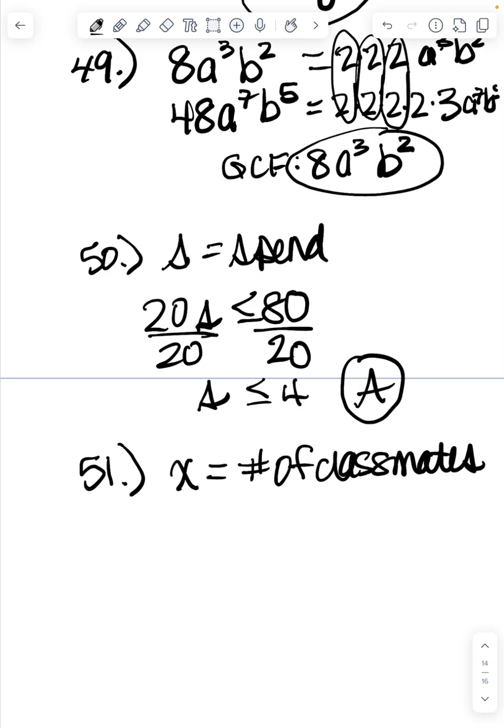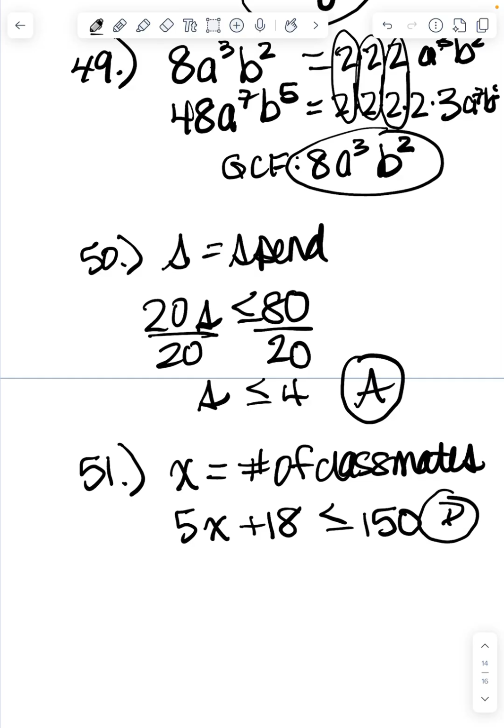So in this case, it's $5 times each classmate, plus he's definitely spending $18 on shipping. However, all of this does not exceed $150. So this is what our inequality would look like, and I see that in letter D. Okay, that's our lesson for 4-3.